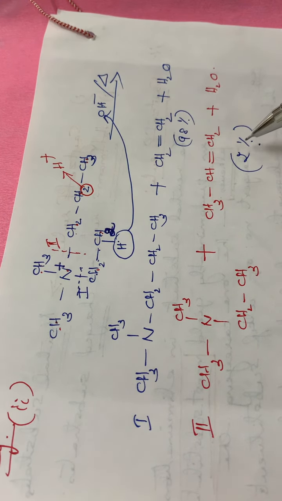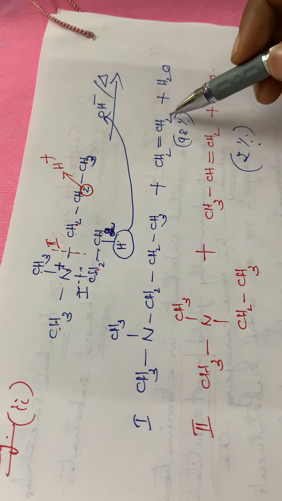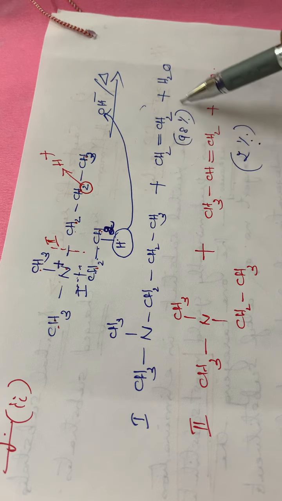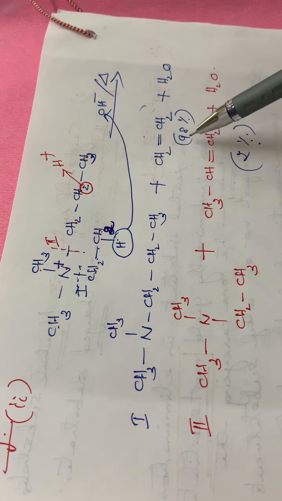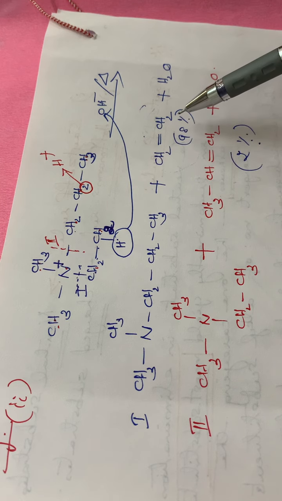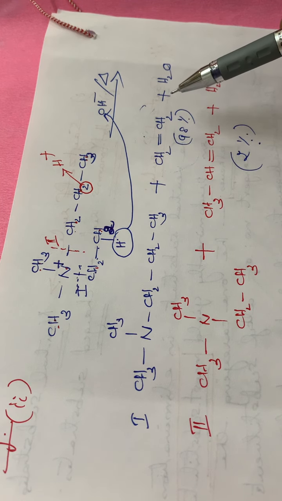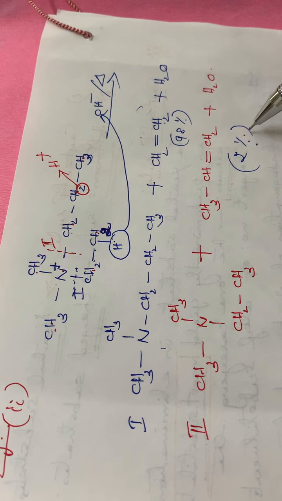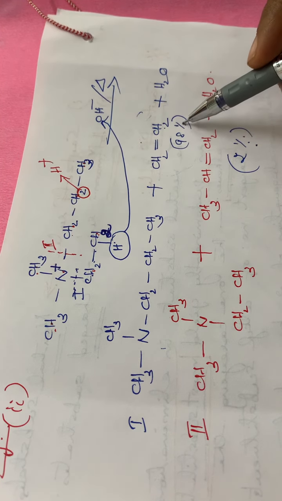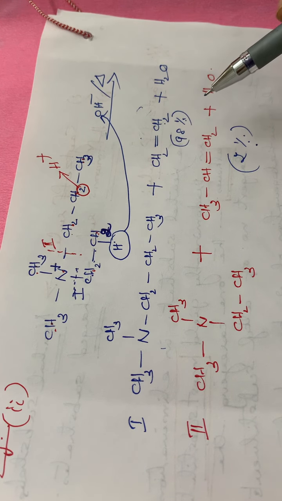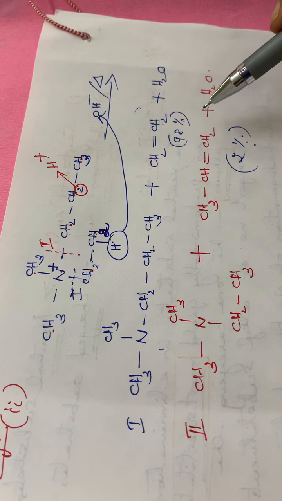So this product will be only 2%, and in the first case this type of reaction will be taking place, and the major product or the Hofmann's product will be ethylene. Okay, so this is the second example stating this Hofmann's rule. This reaction is also going on, but only 2% will be the product. But in the first case, 98% will be the product. So these are the two examples for Hofmann's elimination reaction.